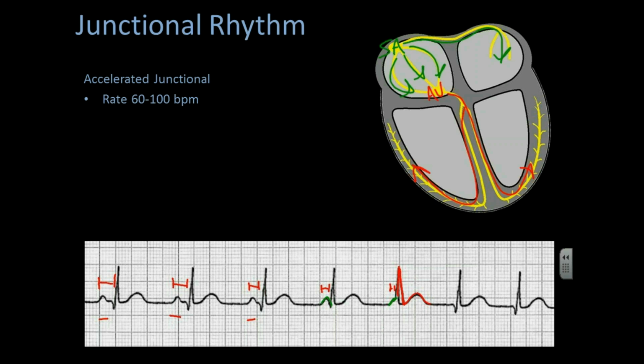Which is why your PR is actually getting shorter, because the AV node is gradually outpacing the SA node.